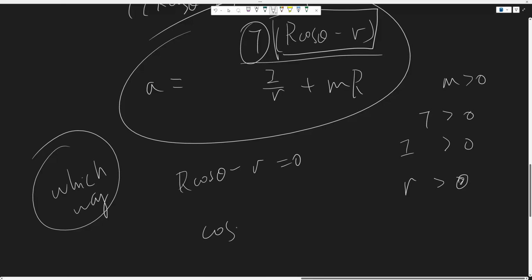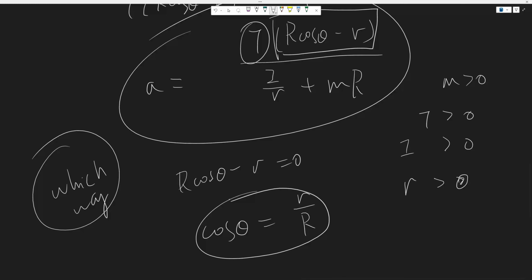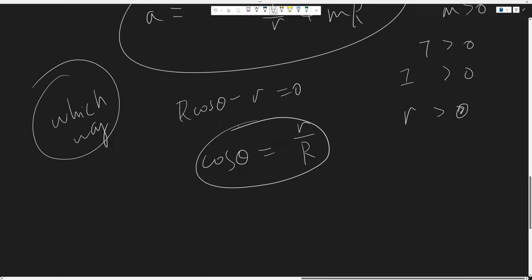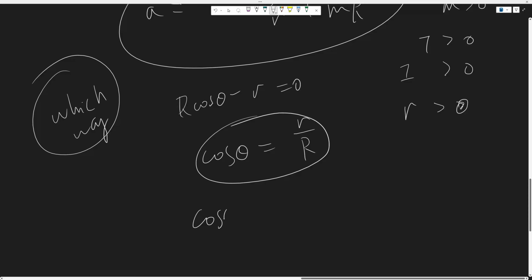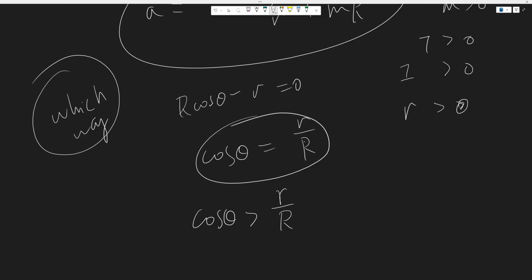So we have cosine theta equals to r over R. And so this is the most important result, because here, if cosine theta is bigger than small r over capital R, then we know that R cosine theta minus r will always be positive.